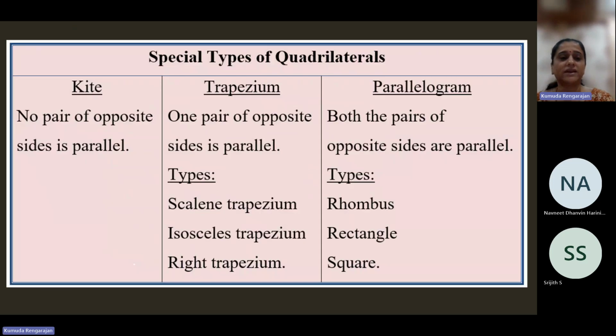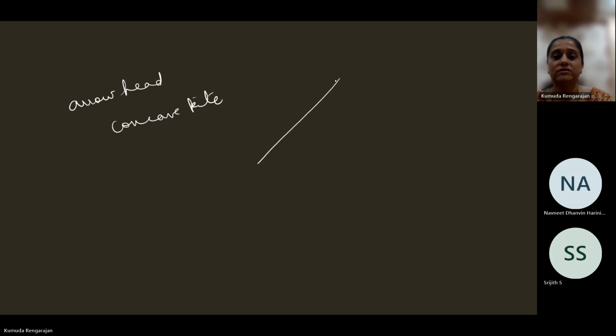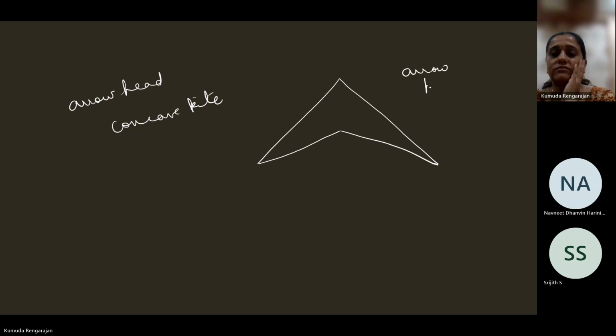Okay. So regarding the kite, I didn't tell you one more thing. In a kite, this arrowhead is an example of a concave kite. Concave kite, arrowhead. This is an example of a concave kite because you can see this angle is more than 180 degrees.